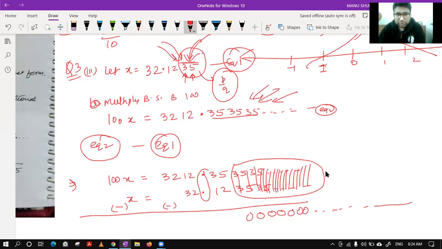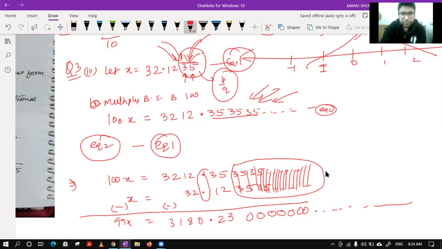Now, this is 99x is equal to 5 minus 2 is 3, 3 minus 1 is 2, then we have a point, then 2 minus 2 is 0, and 11 minus 3, then 1 and 3. I guess this is the answer.